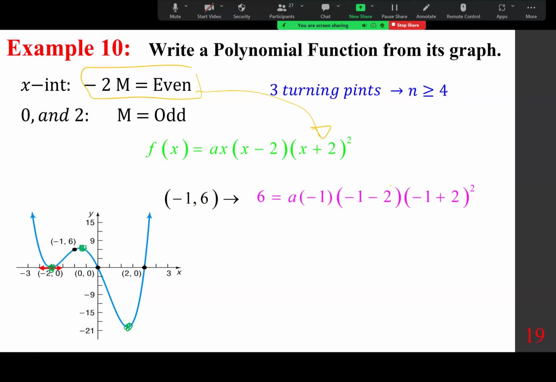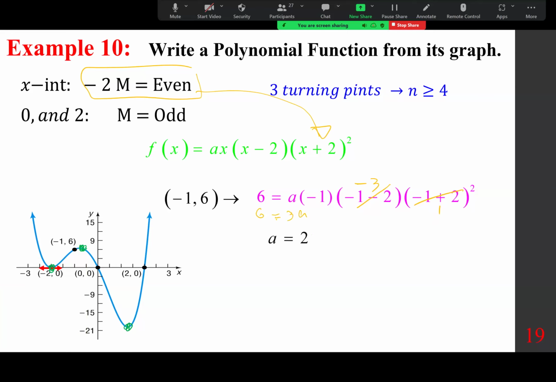Now, this is -3, this is +1, and when you square this +1, I hope you see that we have a times -1 is minus a, times negative 3 is 3a, times 1 remains as 3a. And so you're going to say 6 is 3a. So a must be 2.